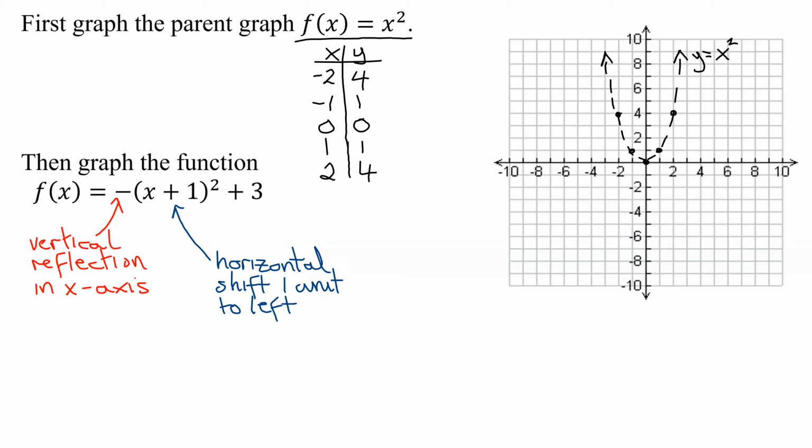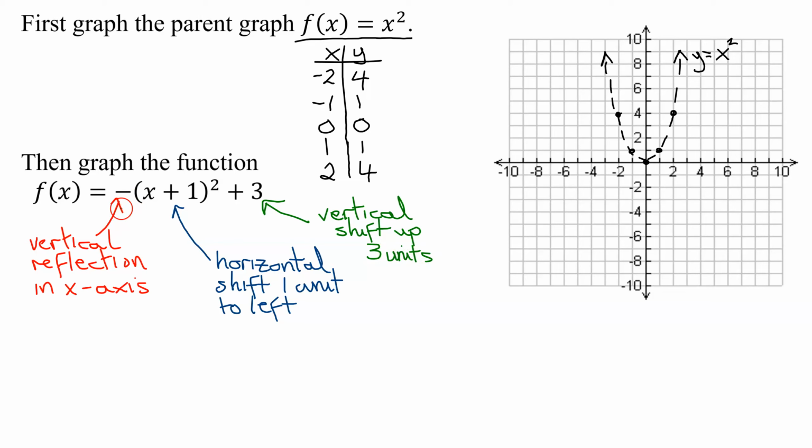And then finally, we have our plus 3 outside. So this is outside, so it's a vertical effect. And again, adding and subtracting is going to shift. And this one's going to shift the way you think. Plus 3 is going to shift it up 3 units.